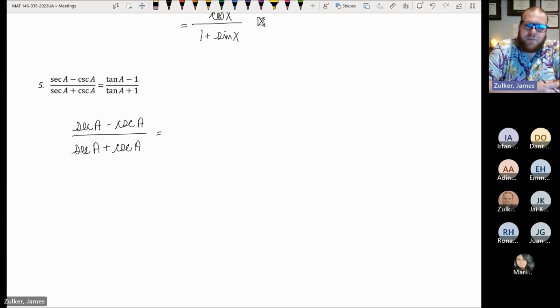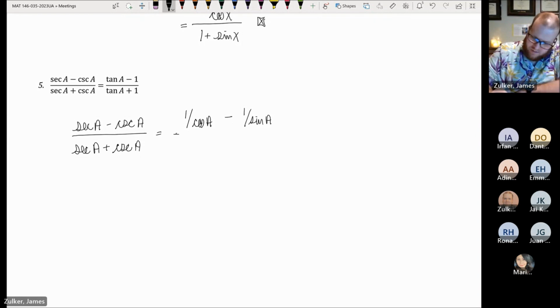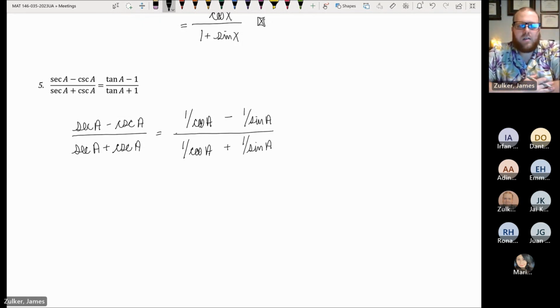Let's write everything in terms of sine and cosine. Right, so remember, secant is 1 over cosine. Cosecant is 1 over sine.